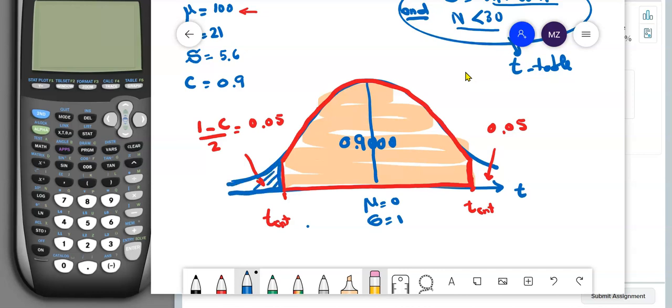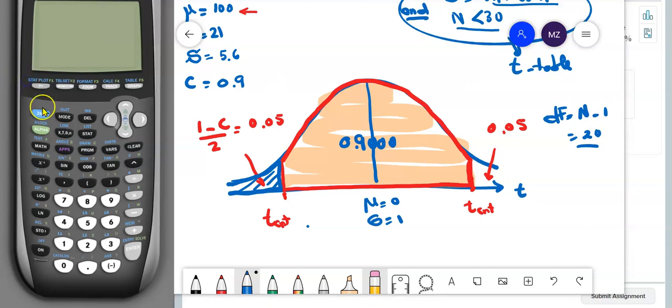And we know this tail is going to be 0.05. The n is 21, so the degrees of freedom are n minus 1, which is 20. All right, so let's go to the calculator, and then we're going to go to second vars, and then I'm going to go to inverse t, number 4, enter, and I'm going to put 0.05 here.